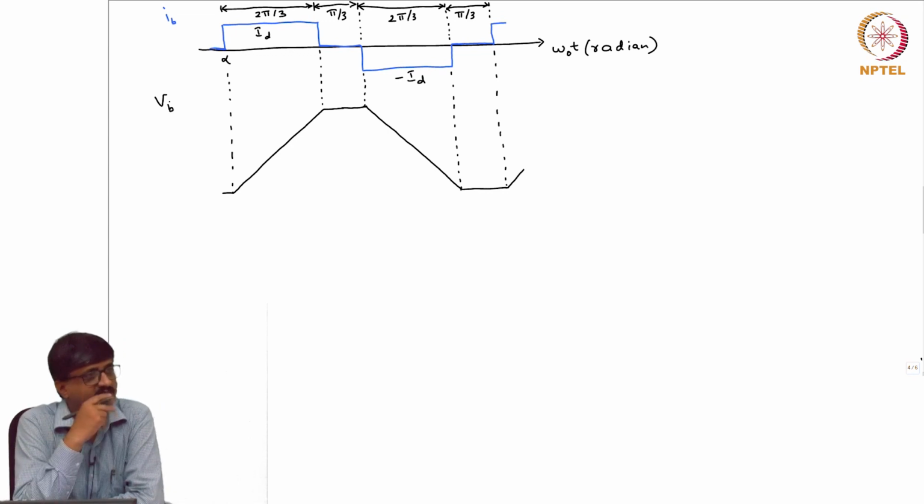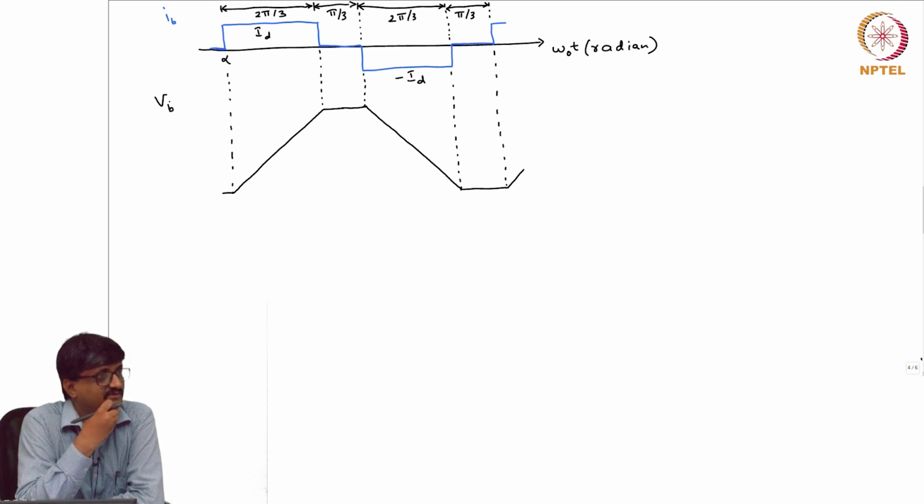Looks like it will be 0. Why should it be 0?